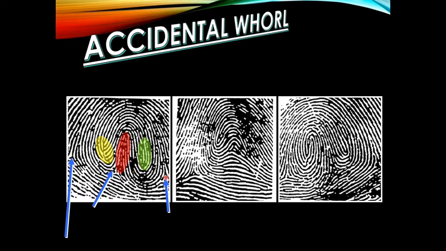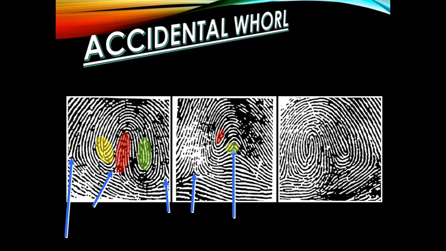And these are the 3 deltas. Now, on the second illustration, you can see a tented arch and a loop pattern, a combination of 2 fingerprint patterns, and we also have the 2 deltas.